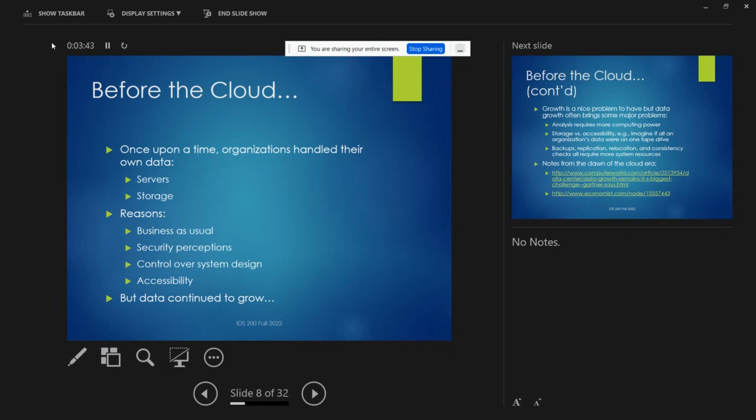Number three, control over system design. There's a lot of issues. If you've designed a system under your own roof, you know what parts of the application are running on what pieces of hardware, you know how its performance is going to be, you can tweak it if something goes wrong. Once you send it to the cloud, it's going to deploy those application components wherever it sees fit, and maybe it'll work well, but maybe not.